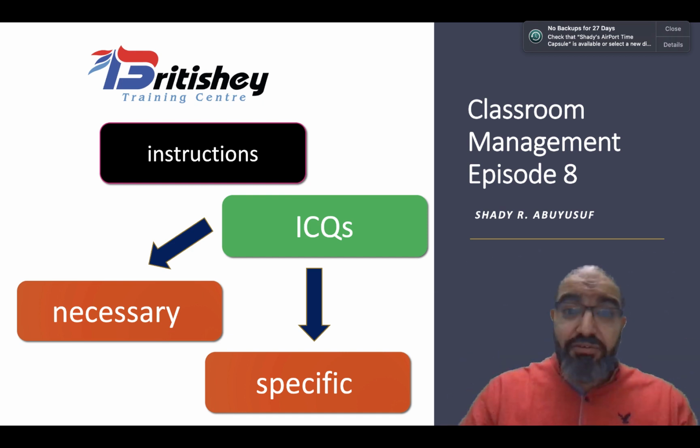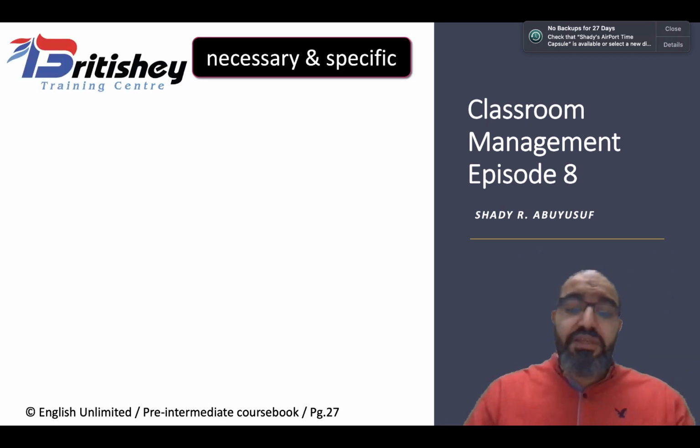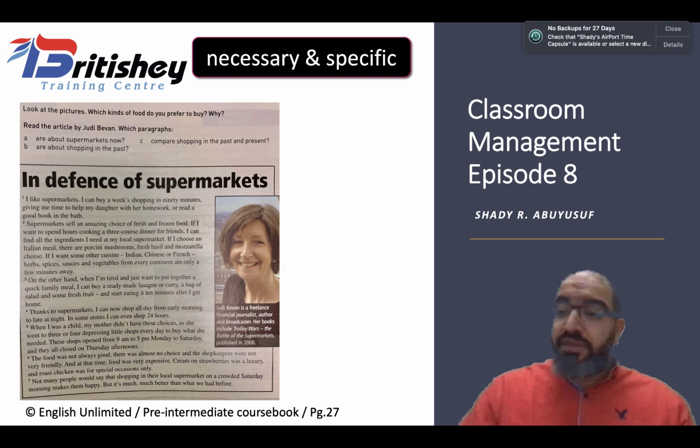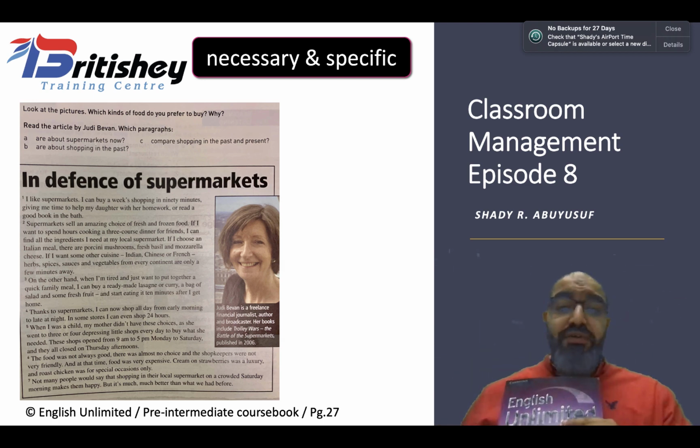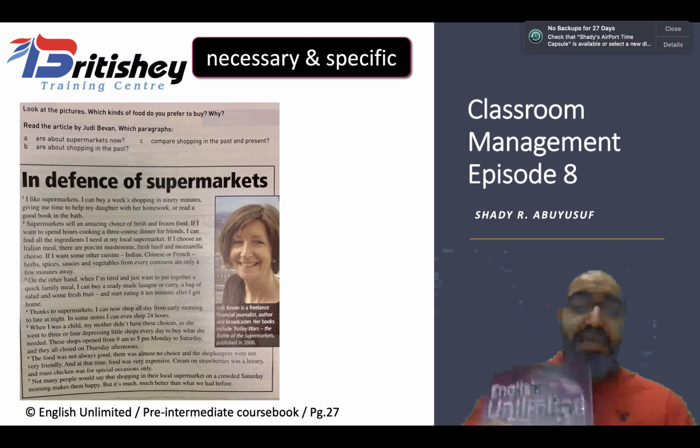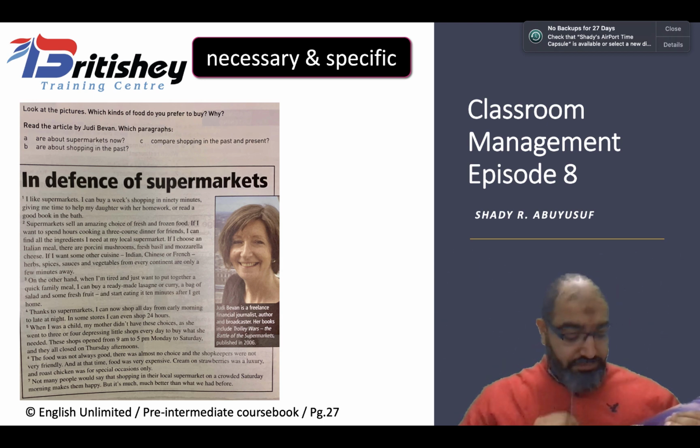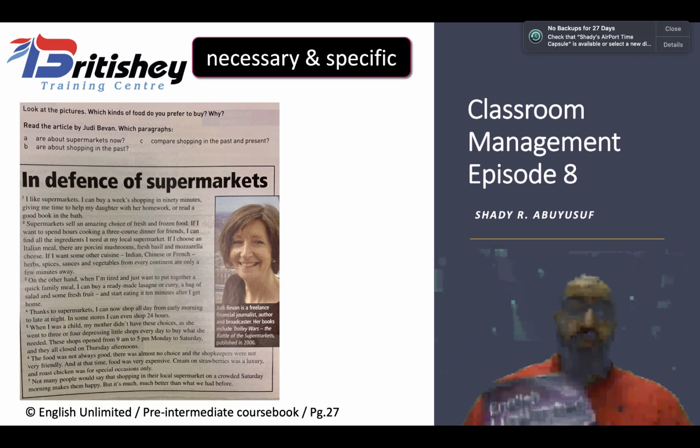Now, let me clarify a bit more. Let me give you an example of necessary and specific instructions here. This is a page from this very nice course book, English Unlimited by Cambridge University Press. Wonderful book.